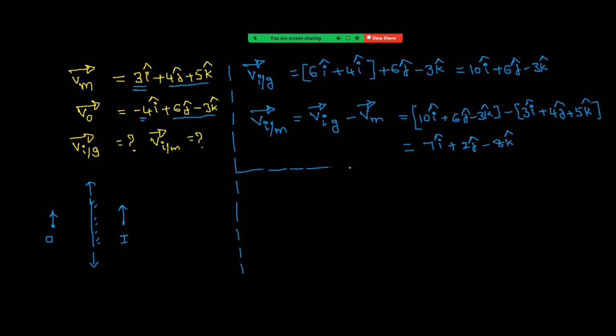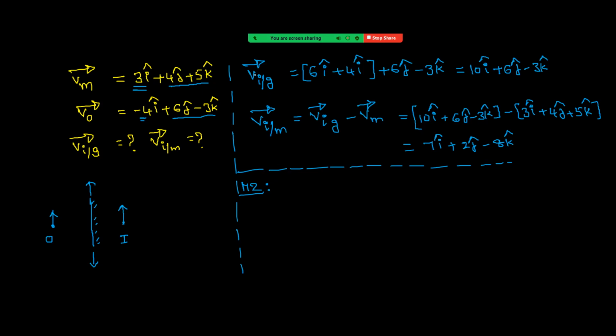Calculate these two things in a different way. That means here first we got velocity of image with respect to ground. Then we made calculation for velocity of image with respect to mirror. Let us do the same thing in method 2. First we calculate velocity of image with respect to mirror, and from this we get velocity of image in ground frame.